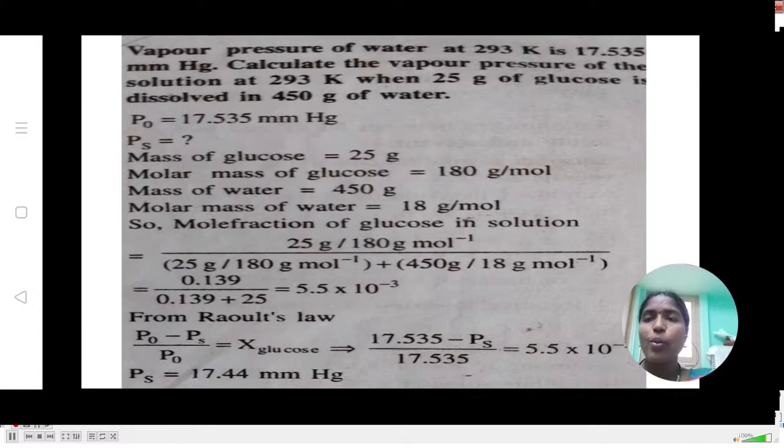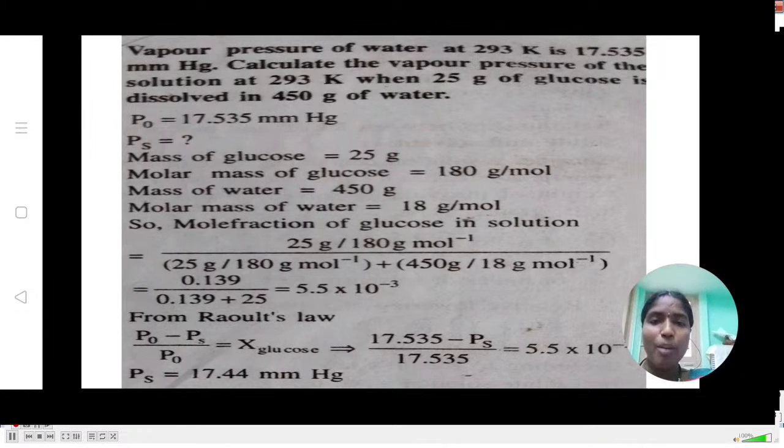P0 is equal to 17.535 mm of Hg, and PS we are calculating. The mass of glucose is 25 grams. What is the formula of glucose? C6H12O6. Carbon is 12, oxygen is 16, hydrogen is 1. Totally, the molecular mass of glucose is 180. The mass of water is 450 grams and the molecular mass of water is 18. So let us calculate the mole fraction of the glucose.